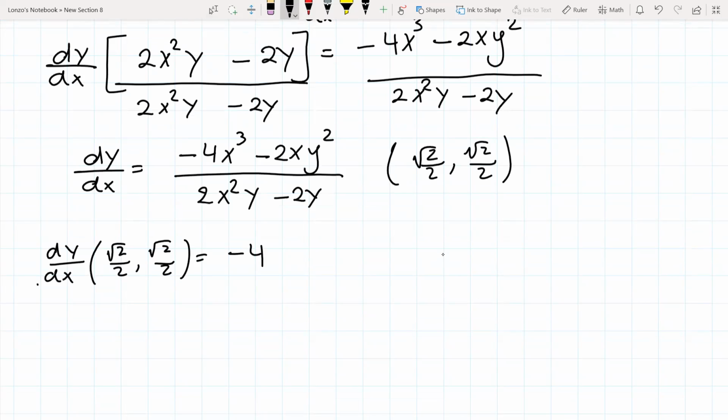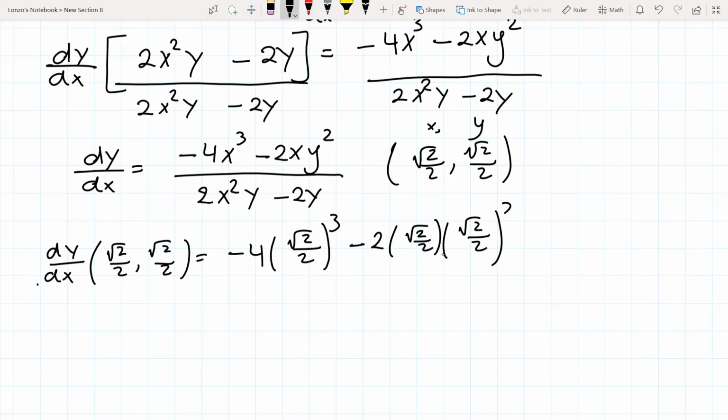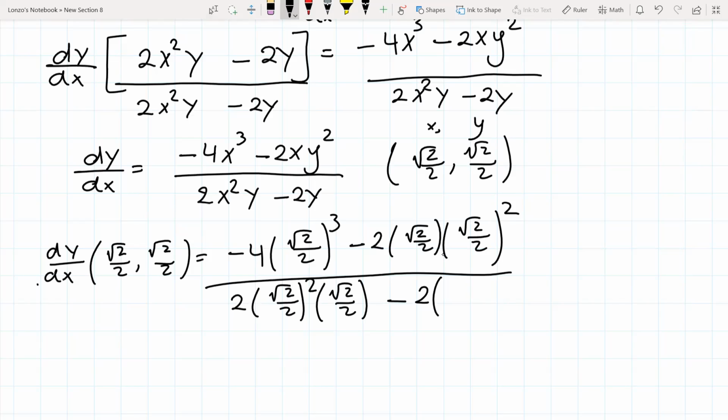So this is negative 4 times x cubed, where x is radical 2 over 2, minus 2 times x, radical 2 over 2, times y squared, where y is also radical 2 over 2, all over 2 times x squared, radical 2 over 2 squared, times y, radical 2 over 2, minus 2 times y, radical 2 over 2.